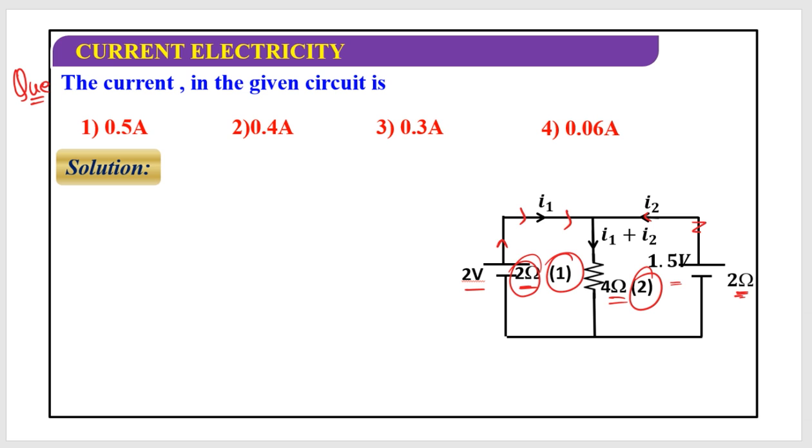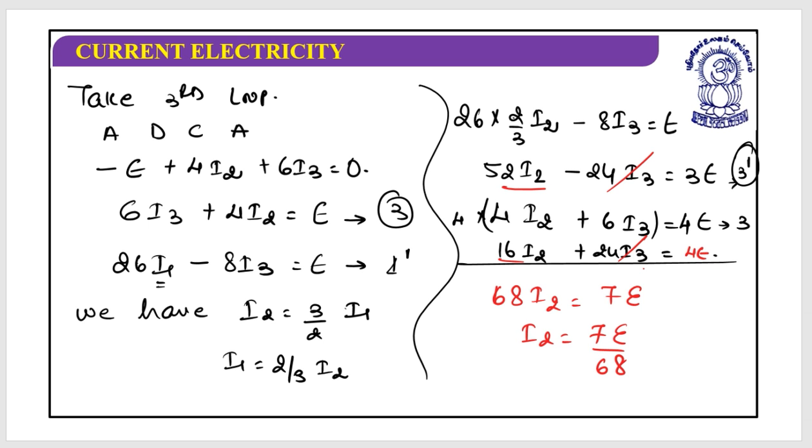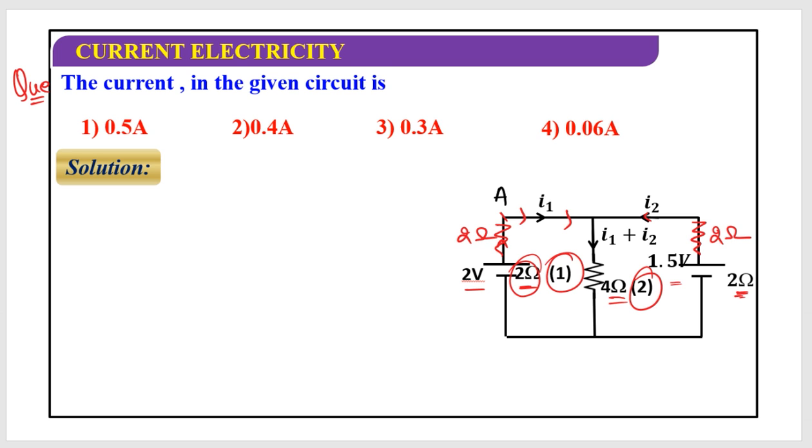For your purpose you can take 2 ohm over here and this 2 ohm over here, and then start doing it. So if you take loop number 1, let's give them names: A, B, C, D, E, F. We are going to write the first relation for ABEFA.